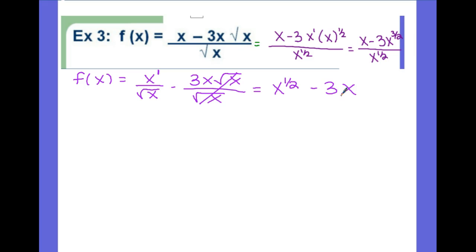And now, no quotient rule, no product rule. We're back to the basics in a power rule. So the power rule says you bring the power down in front, subtract 1 away.